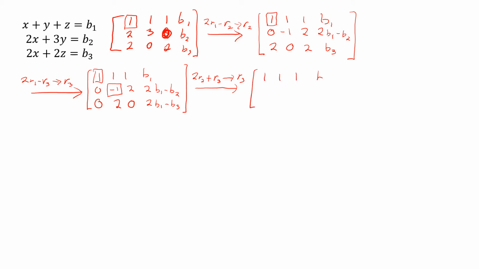Row 1 stays the same, row 2 stays the same, and row 3 becomes 0, 0, 4, and then twice row 2 plus row 3 is going to give us 6b1 minus 2b2 plus b3. So there we go. We are now in echelon form for our matrix.